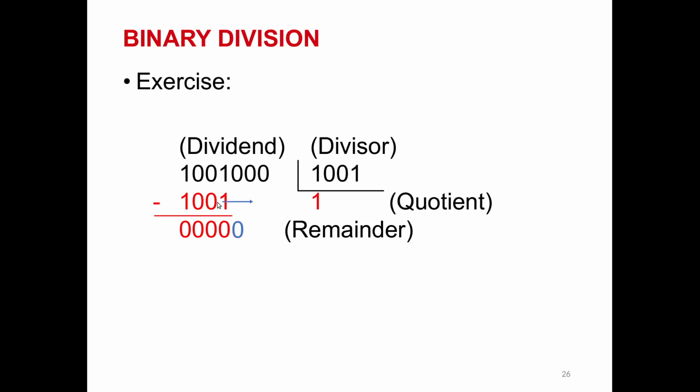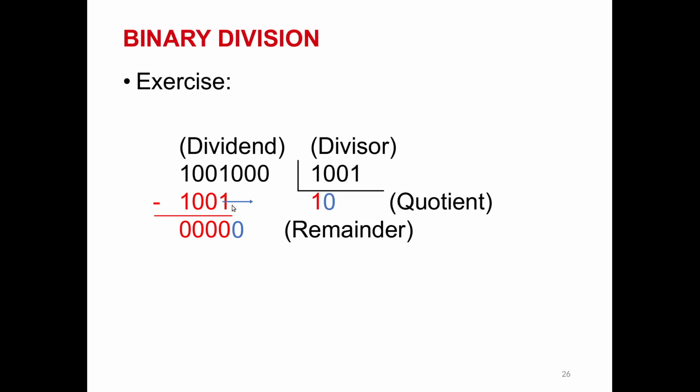Then you can see that we shift this value 1 bit further to the right. 1001, we shift further 1 bit to the right, together with using this value of the remainder. It means that the divisor will be shifted 1 bit here. It will be 1001 located at this location, and we do the subtraction with this remainder, and you can see that this remainder is smaller than this value, so we have value 0 here in the quotient.